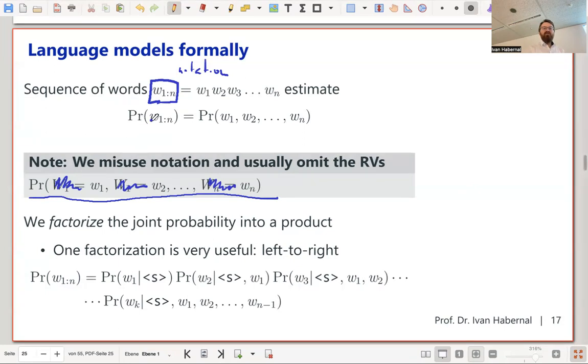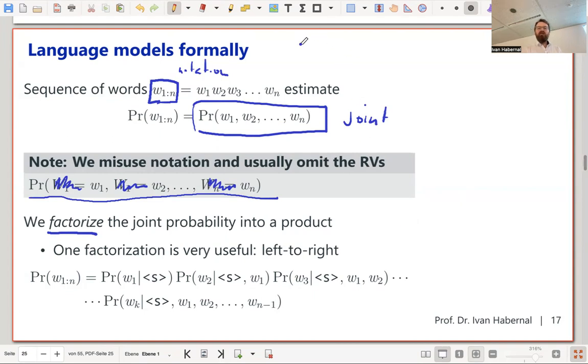Okay, so we have this joint probability. So this is the joint. And we factorize the joint probability into products. Why can we factorize a joint probability into a product? This is an important thing. There is one type of factorization. You can factorize a joint distribution into many different products of conditional distributions.